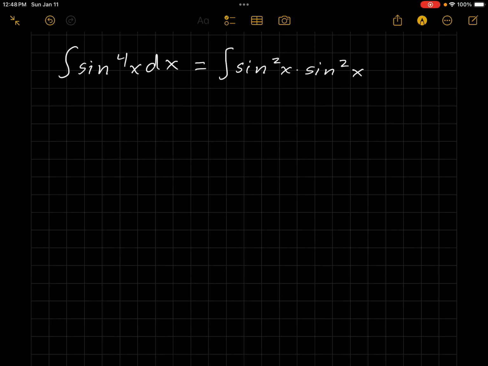I would start by thinking of it as being sine squared times sine squared. And then each of those needs to be rewritten as 1/2 minus 1/2 cosine 2x.